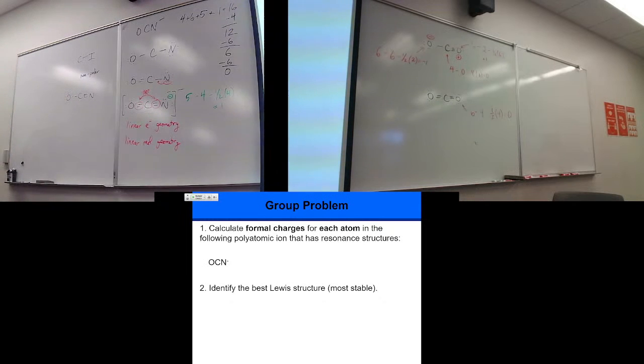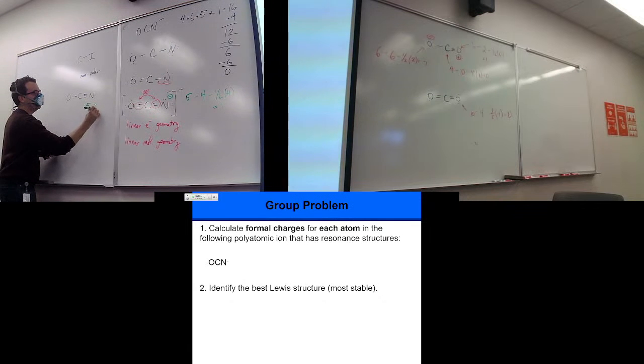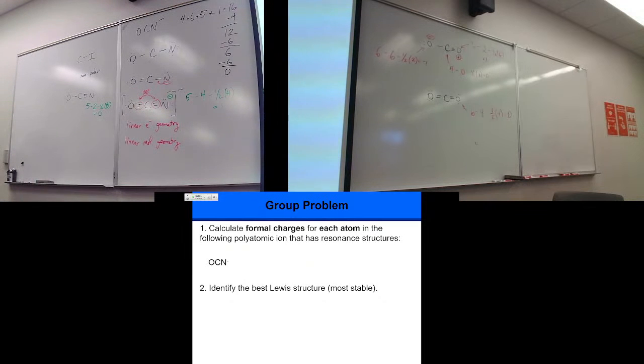Okay? I didn't move any atoms, I just rearranged the electrons, that's it. And if I recalculate all the formal charges now, this nitrogen is 5 minus 2 minus half of 6. So I get a 0 formal charge. 5 minus 2 minus 3 is 0.